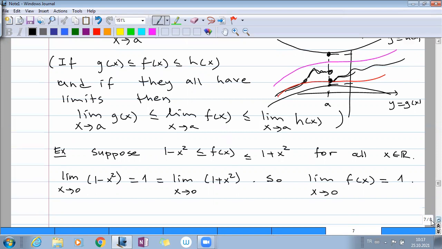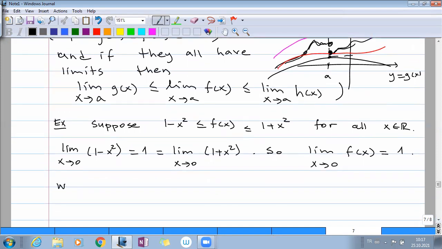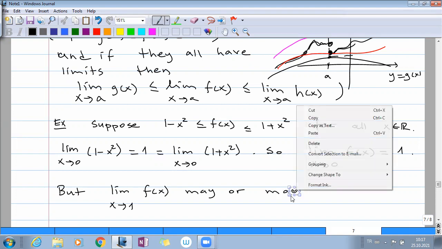But, for example, we cannot say anything. Okay, or we can say something. But, for example, the limit as x approaches 1 of the function f may or may not exist.